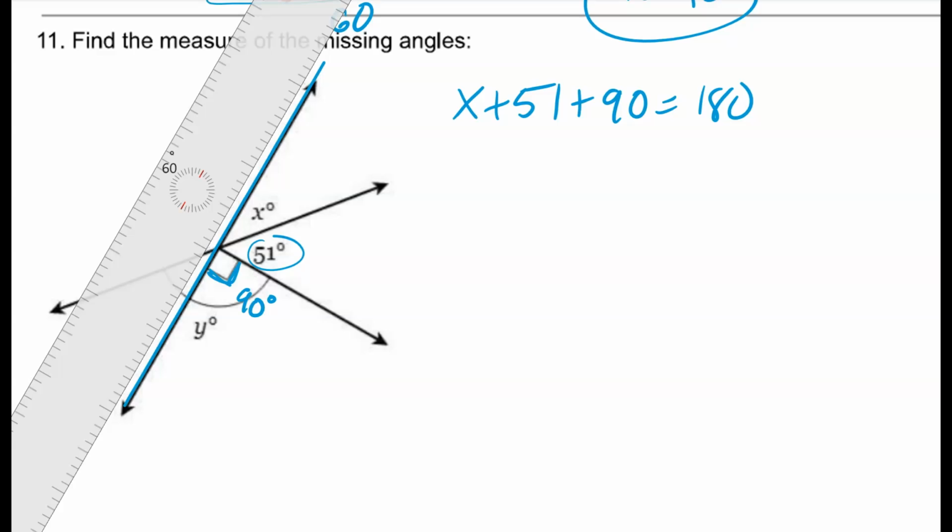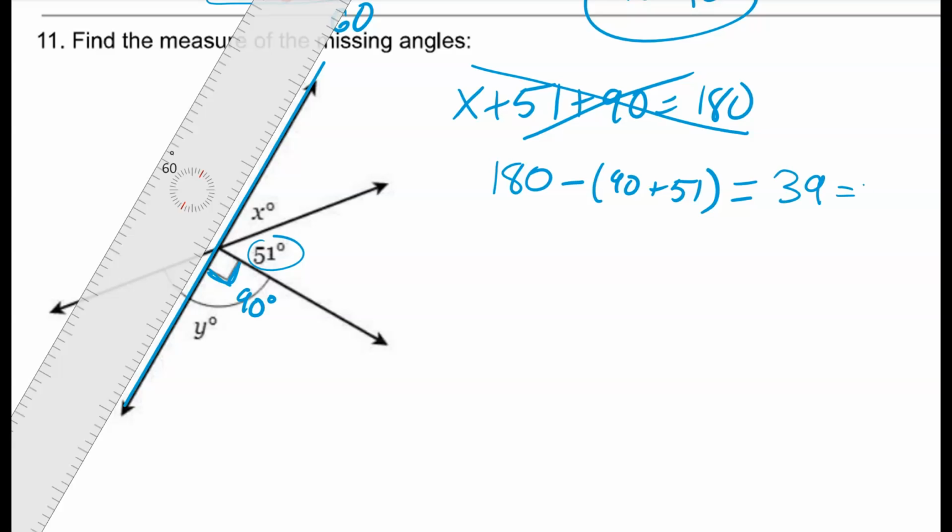And you could solve that equation. Realistically, if there's not a lot going on in these equations, I'll just take 180 and subtract both 90 and 51 to do everything in one step so I don't have to work with an equation, but it's up to you how you want to approach this. When I do this, I find that x is equal to 39 degrees.